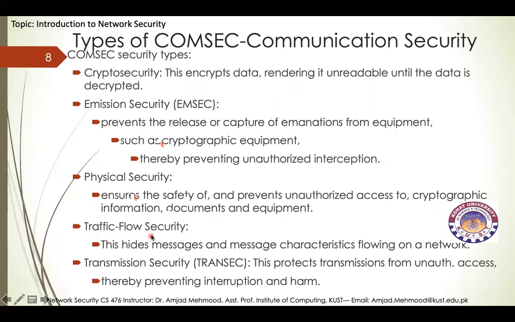Traffic flow security hides messages and message characteristics flowing on a network. Transmission security, or TRANSEC, protects information from unauthorized access, thereby preventing interruption and harm.